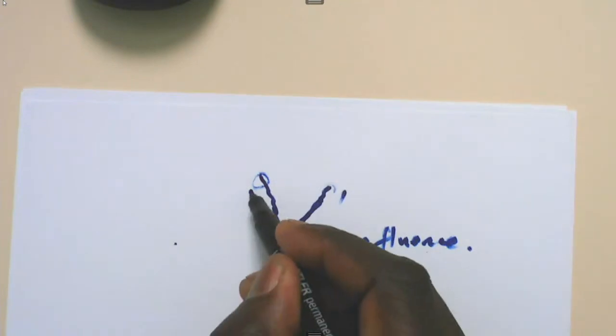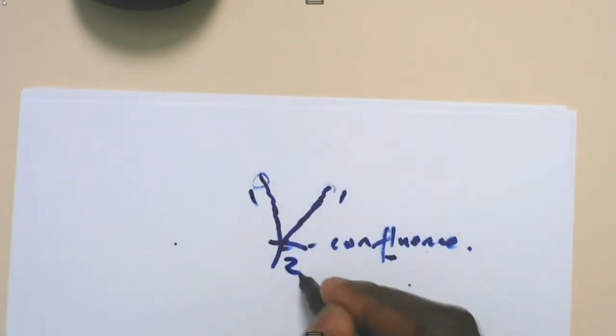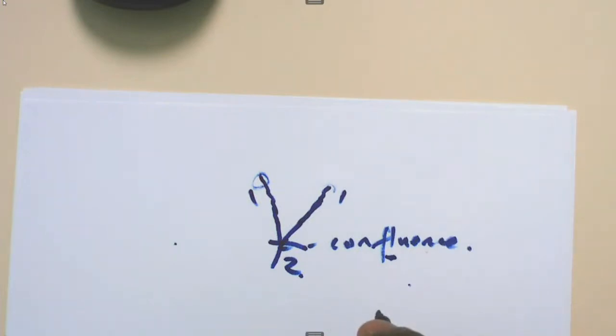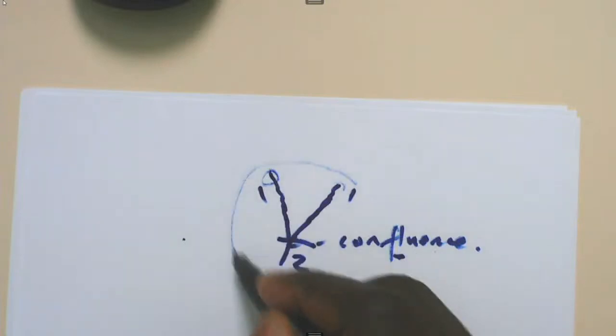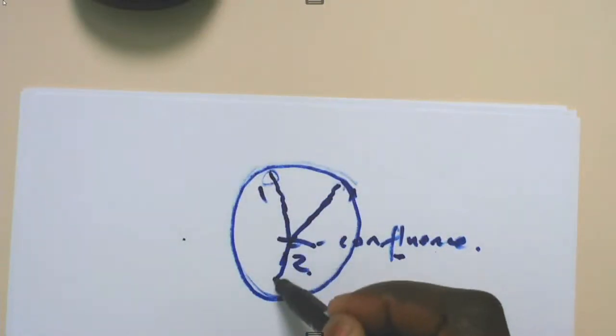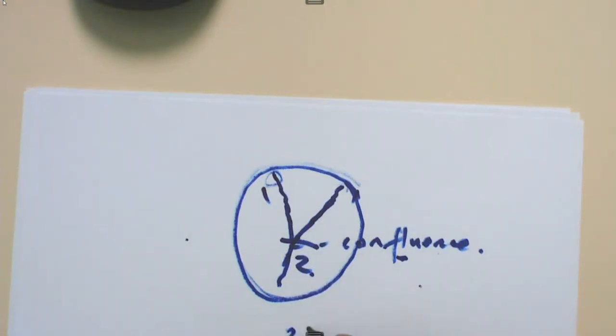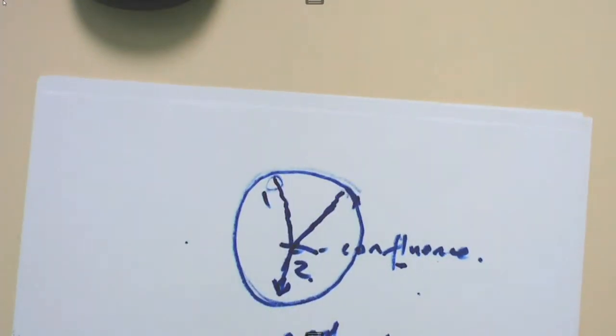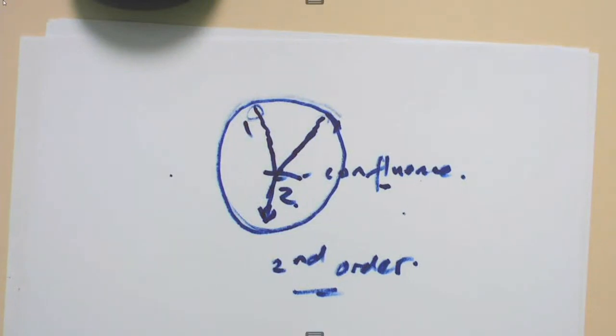So we are saying 1 plus 1 is 2 in terms of ranking the streams. If a question asks for the stream order for these streams, it's a second order stream, because it ends over here. Second order.